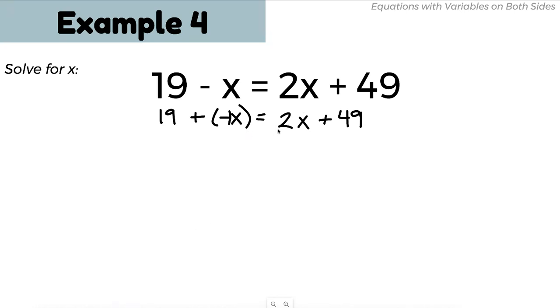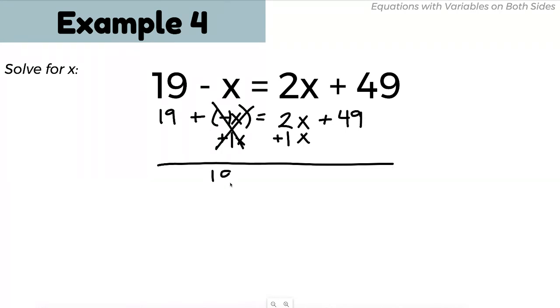If you're feeling comfortable, you can try eliminating the 2x and see if you get the same answer as me. But again, I like to use the x with the smaller coefficient because then I end up with positives. These cancel, and I have 19 equals 2x plus 1x is 3x plus 49, and then just solve.